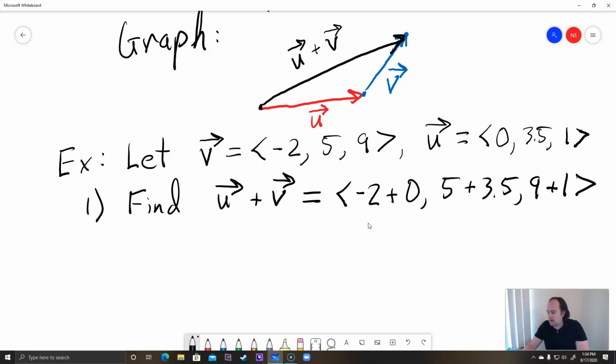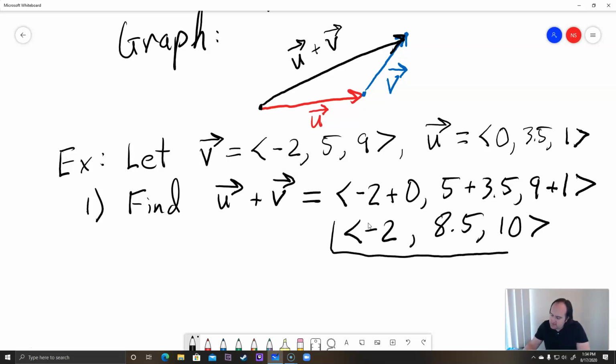Okay? And then combining all these numbers, we get negative 2 plus 0 is negative 2. 5 plus 3.5 is going to give us 8.5. And then 9 plus 1 is going to give us 10. Okay, so there's our u plus v. Negative 2, comma 8.5, comma 10.